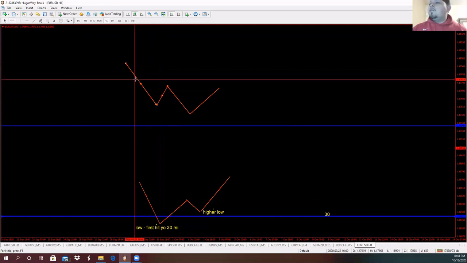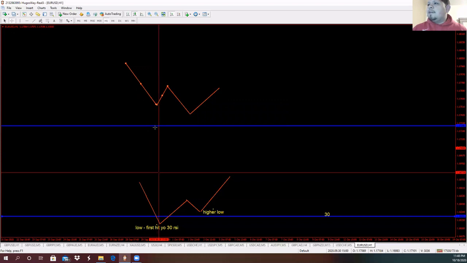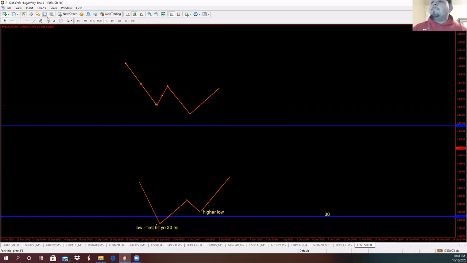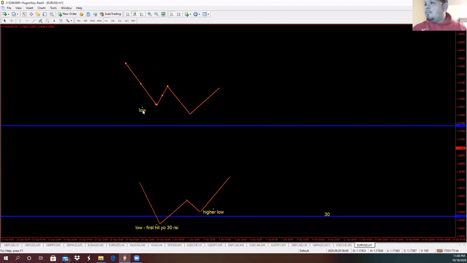Our first hit to the RSI gave us our first low, right? On price, we have a low, and then our higher low on the RSI gave us a what? A lower low.